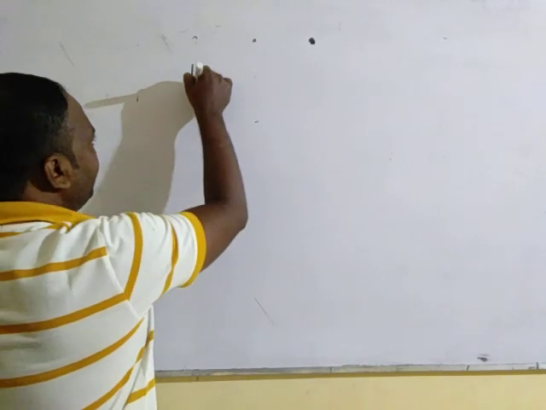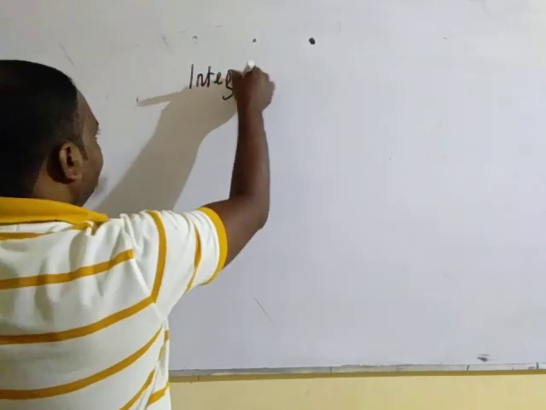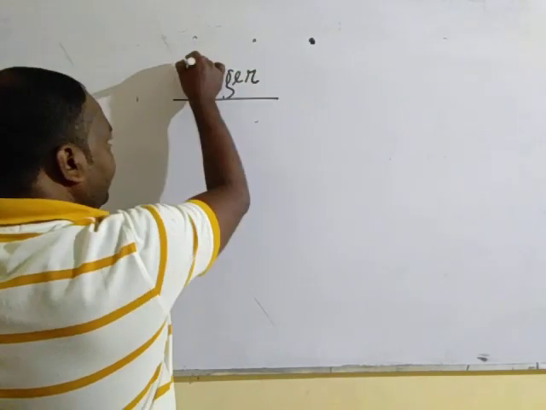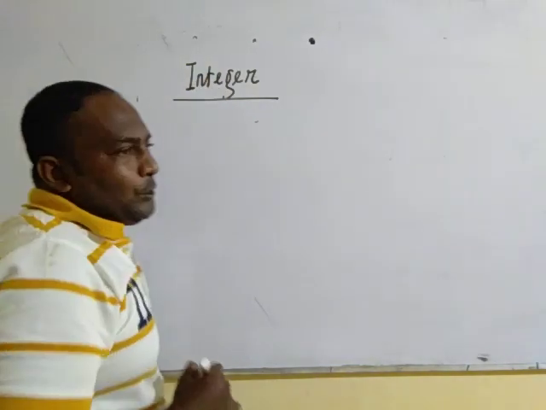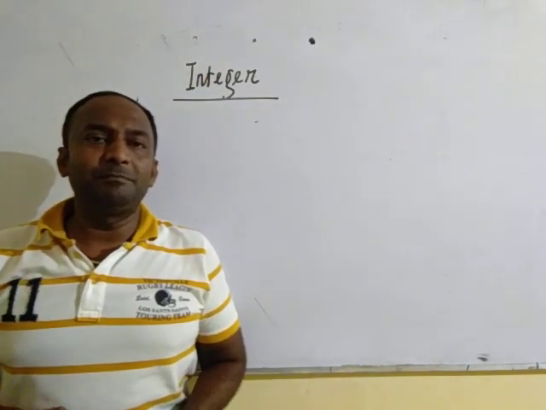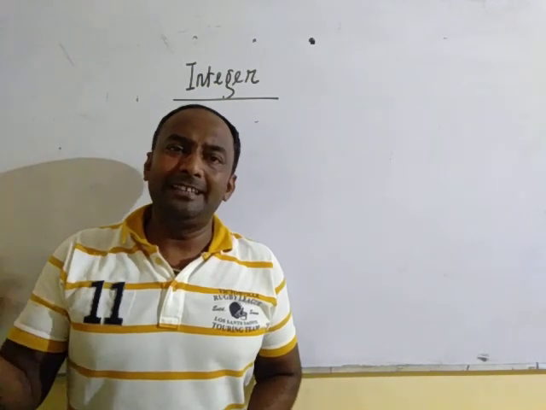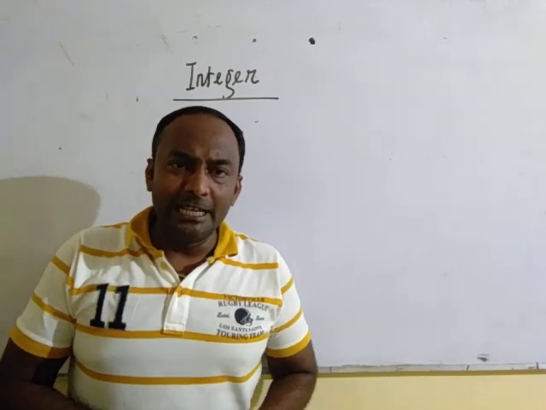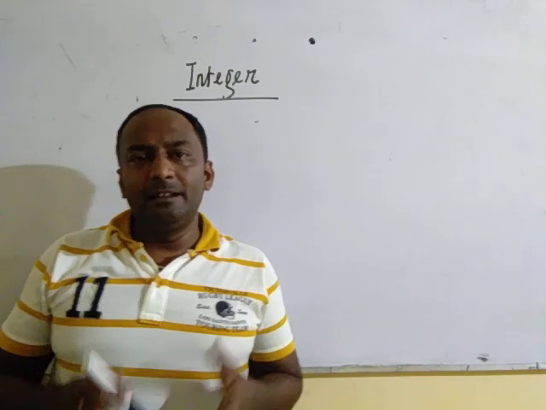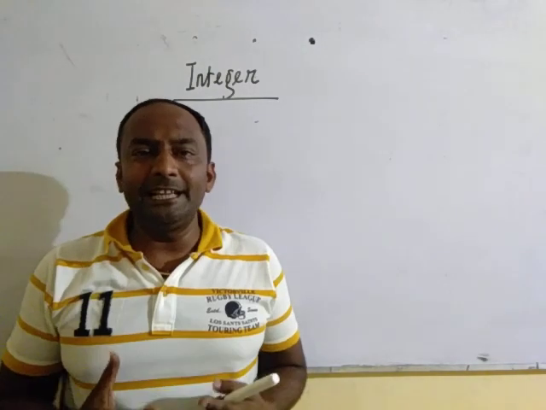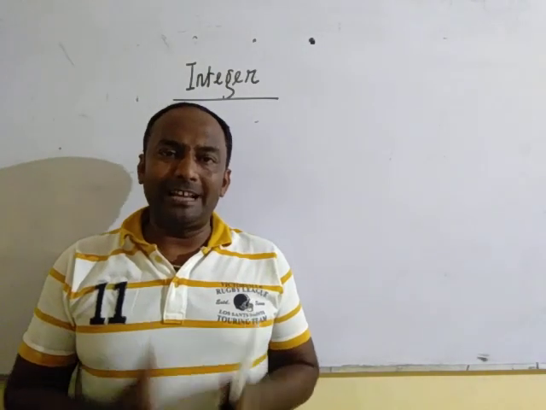First, integer data type. So what is an integer? Integers are plus minus 1, plus minus 2, plus minus 3, plus minus 4, like this, of infinite values. So integers are mainly the numbers which are both negative and positive without fractional values.